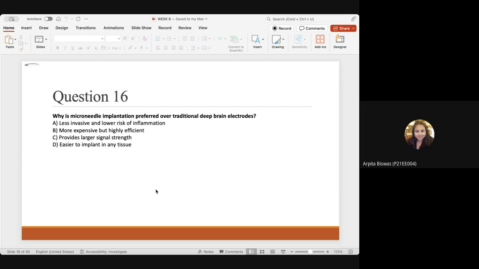So next coming to question number 16. Why is microneedle implantation preferred over the traditional deep brain electrode? First option is the less invasive and lower risk of inflammations. Option B is the more expensive but highly efficient. Option C is provide the largest signal strength. Option D is easier to implant in any tissue. So, what is the right option here?